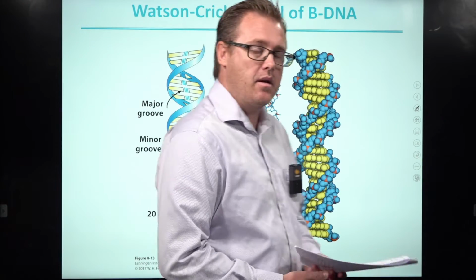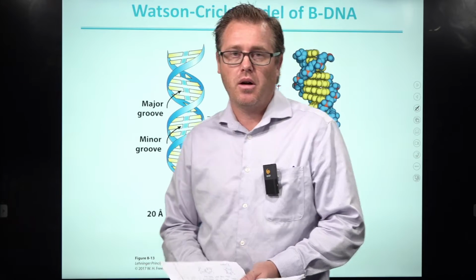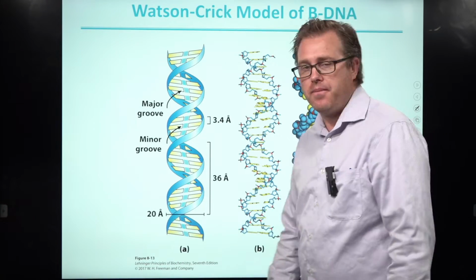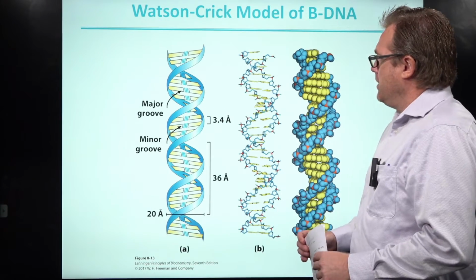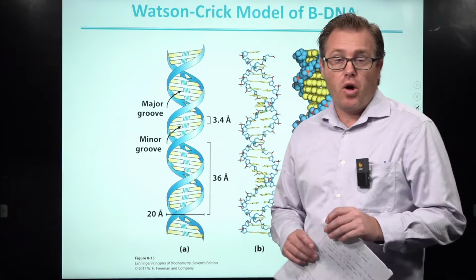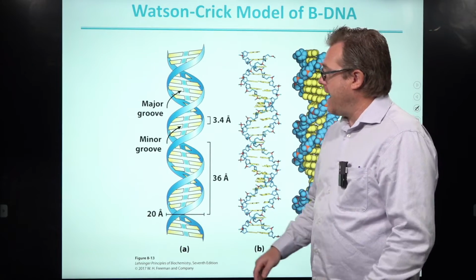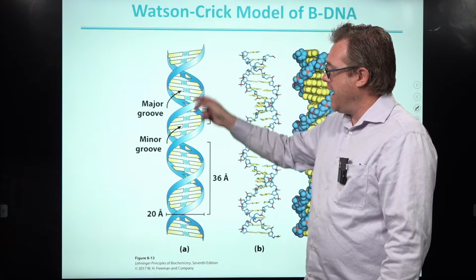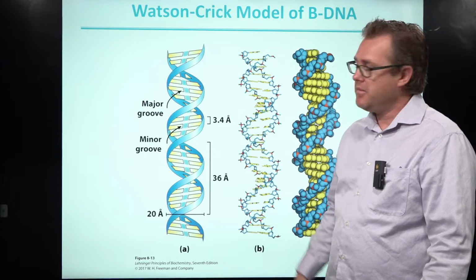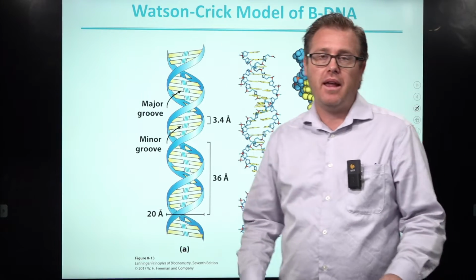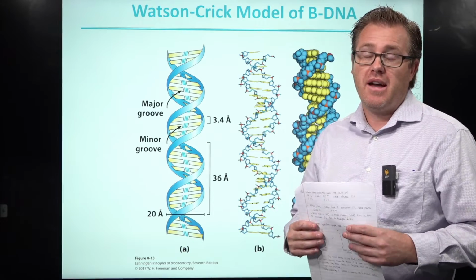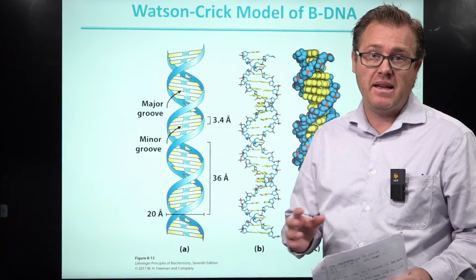Let's continue our conversation about DNA. So things that you probably already know about DNA, that we have a major groove and a minor groove. And those come into play when you have proteins that need to bind DNA.